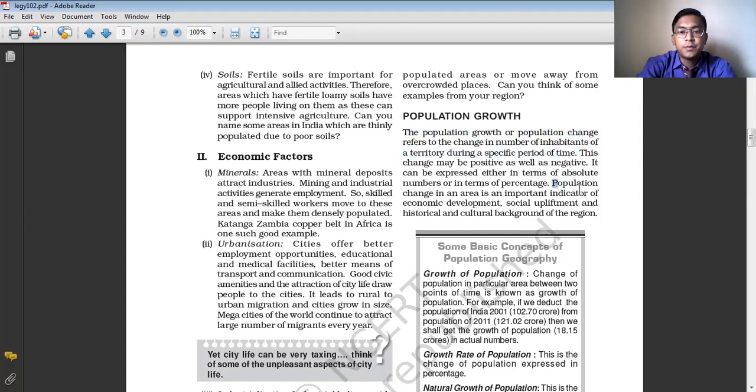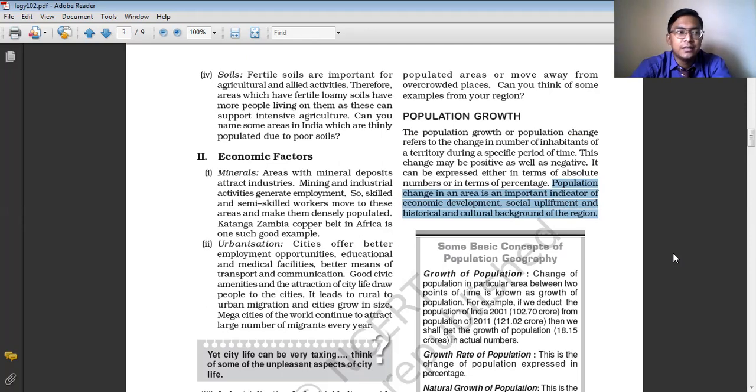The population change in an area is an important indicator of economic development, social upliftment, and the historical and cultural background of the region. Basically, in any geographical area the population increases or decreases because of certain factors.